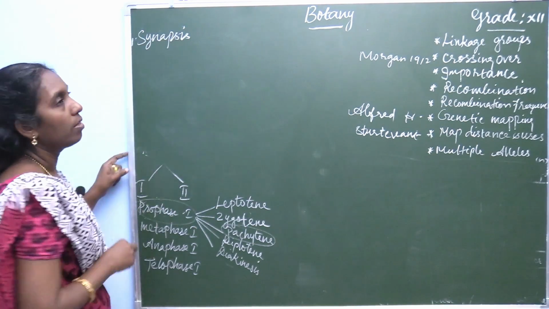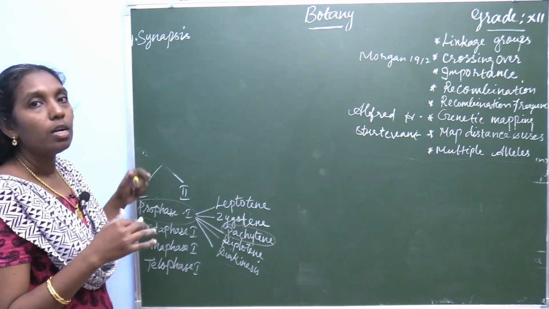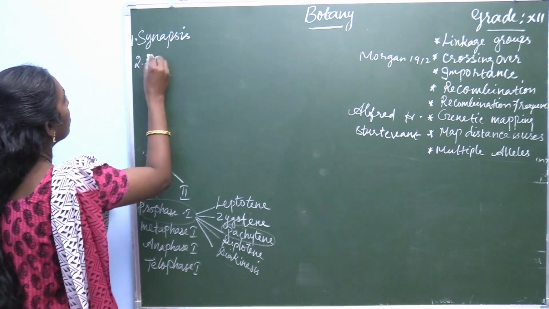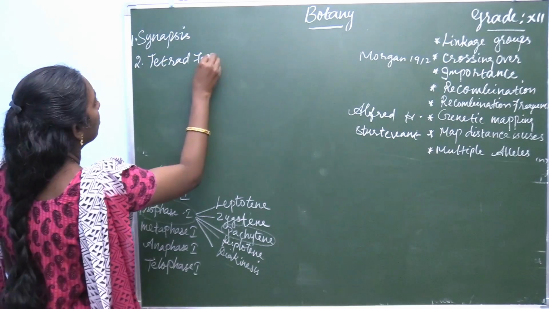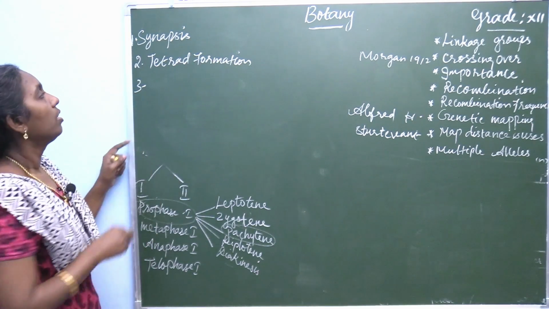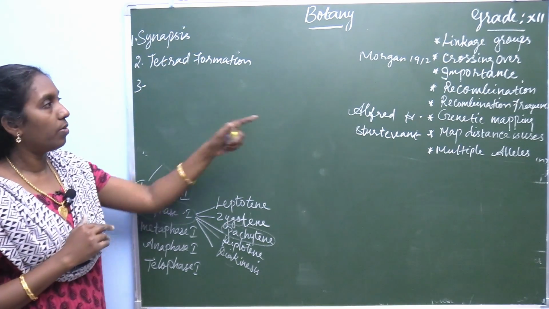Number 1, synapsis or pairing. Second, tetrad formation. Third, crossing over.